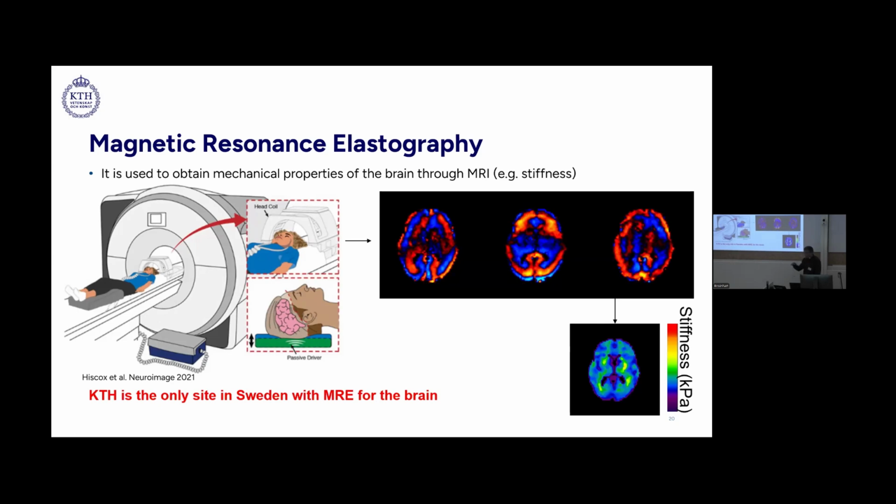So basically you are vibrating your brain, and then you are acquiring this vibration with the MRI. And this is what you get, which is interesting, but is maybe not too useful. It's more useful to get mechanical properties of the brain after some post-processing. So far, we are the only site in Sweden with this technique.